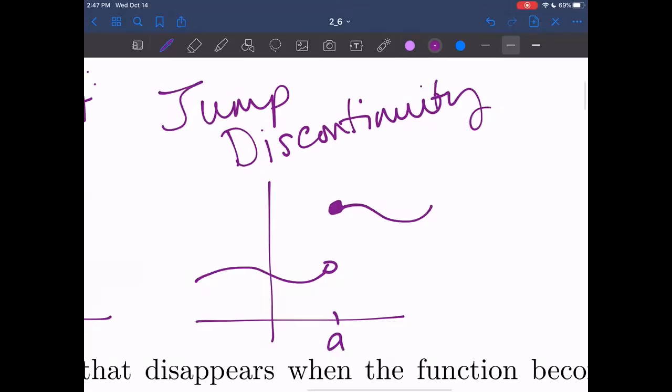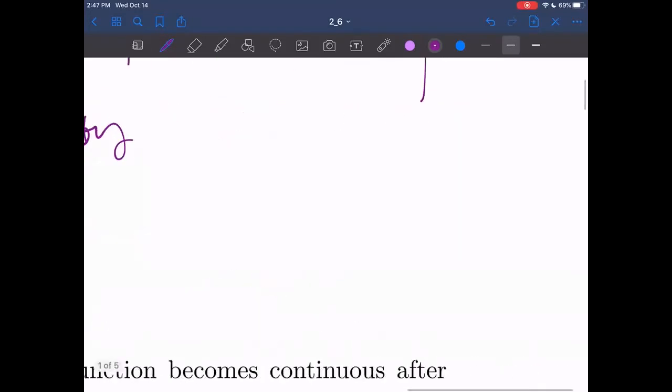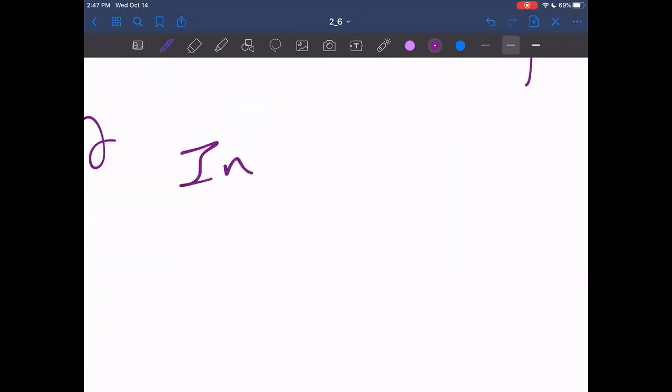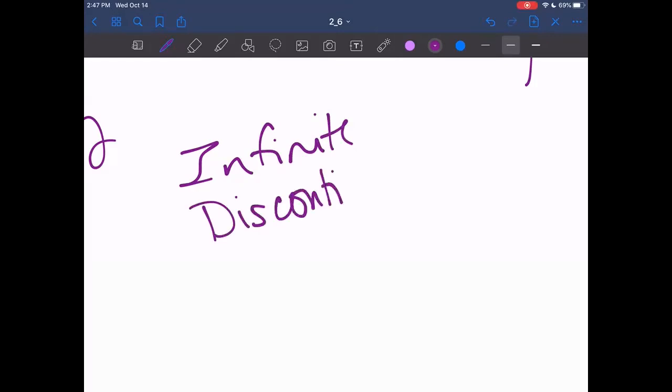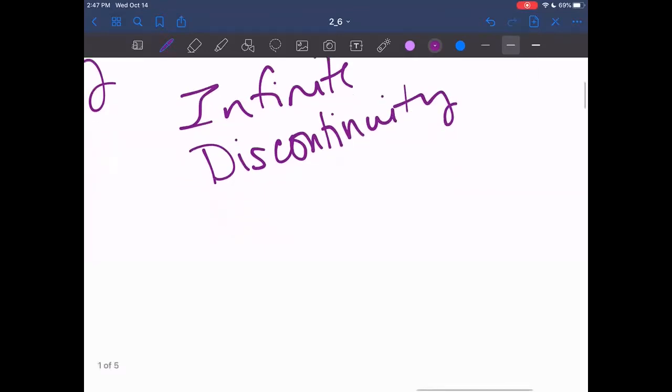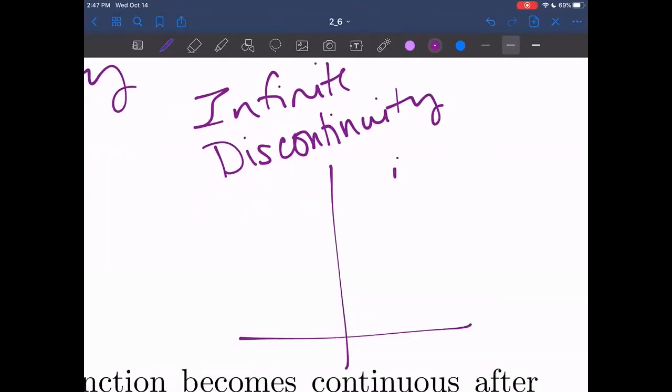And then our last type of discontinuity is an infinite discontinuity. That would be when we have a vertical asymptote. For example, if we had a vertical asymptote like this, that would be an infinite discontinuity.